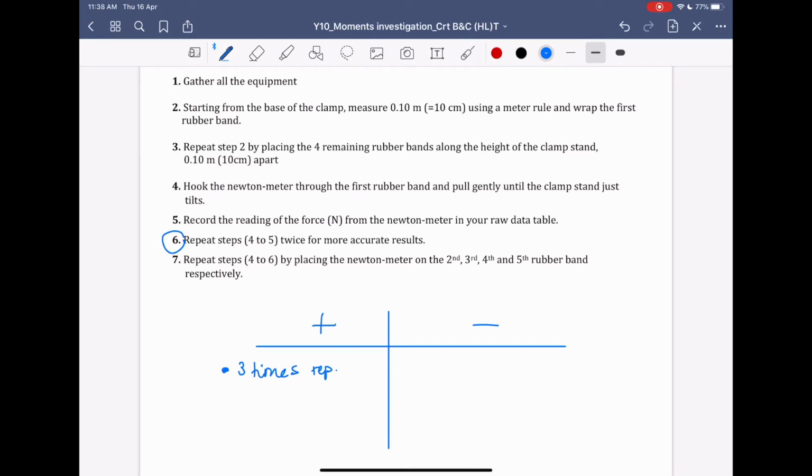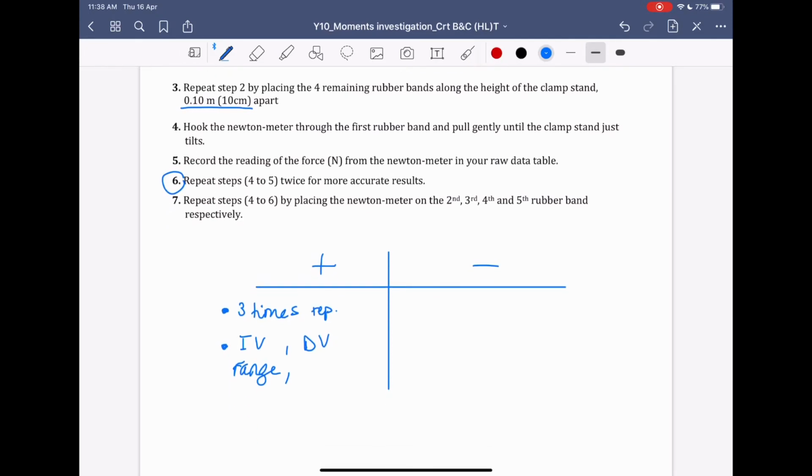Also, we can see that the independent variable and the dependent variable were given a good scale. So I have a scale or a range for my independent and dependent, and the way we are manipulating the independent and measuring the dependent is really clear.